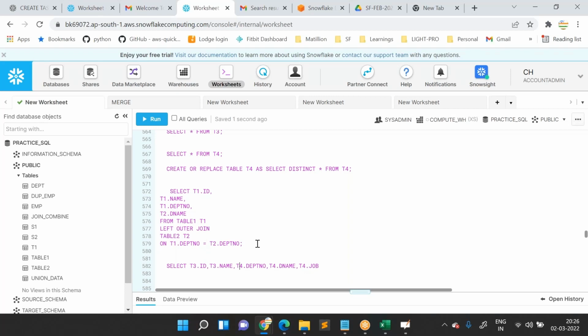We discussed in the last session how to give alias names for columns. From which table that column is coming, we have to specify like that. From T3 inner join T4 on T3.department number is equal to T4.department number.